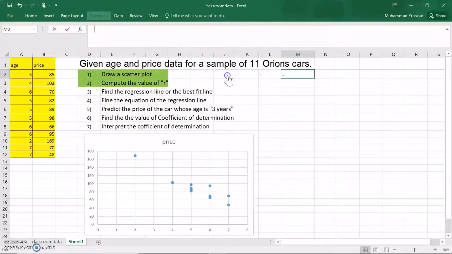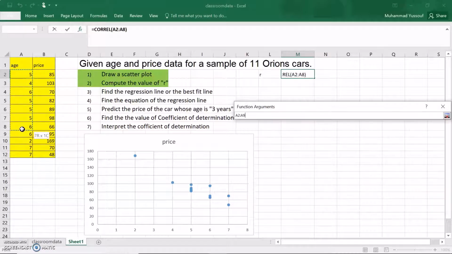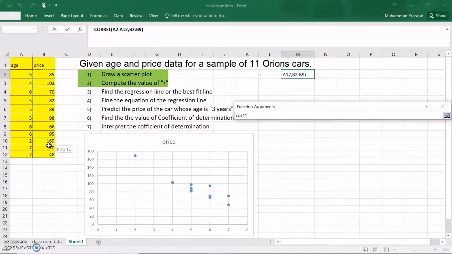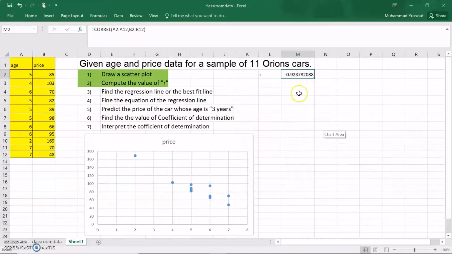Excel is asking where your first set of values is, array 1. Tell Excel this is my first set of values. Now Excel is asking where your second set of values is. Tell Excel this is my second set of values, and you press OK, and this is the value of R that comes out.